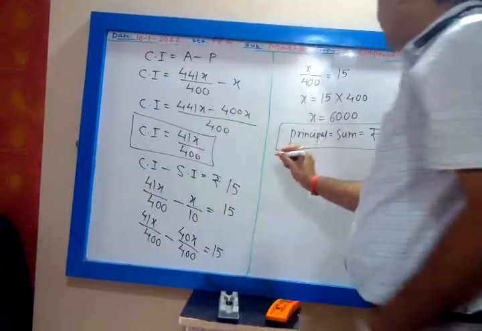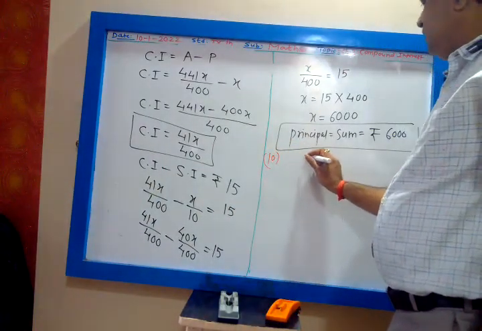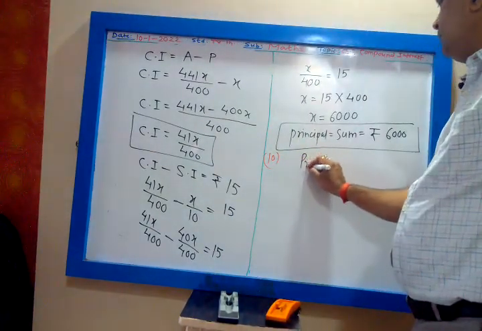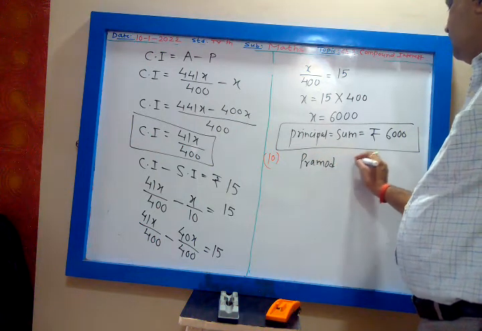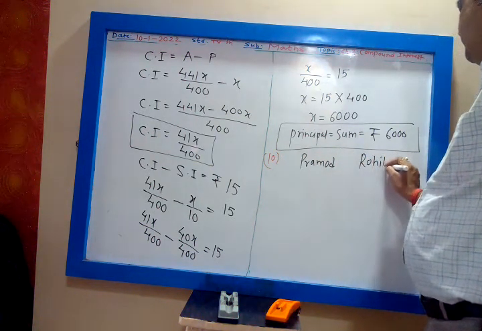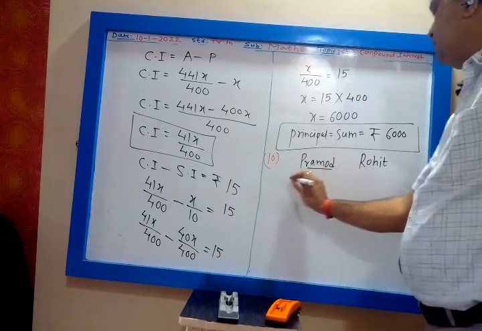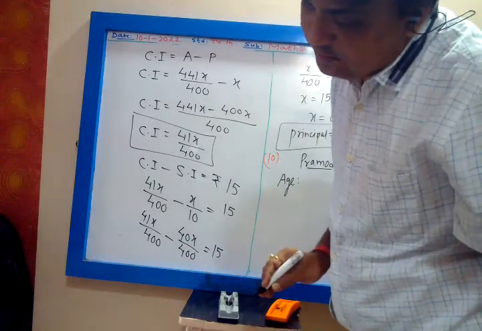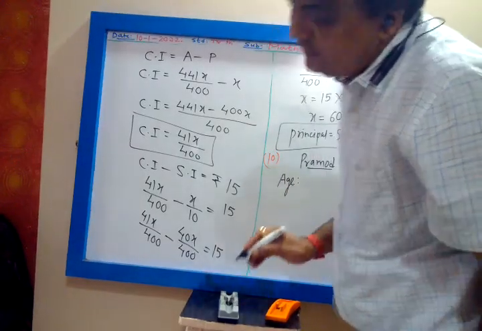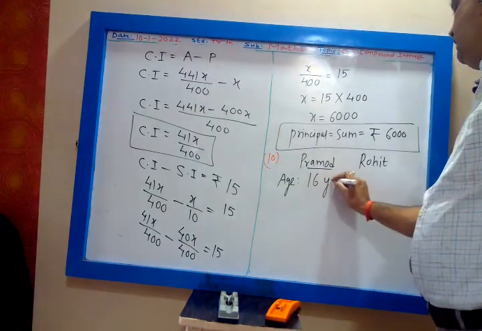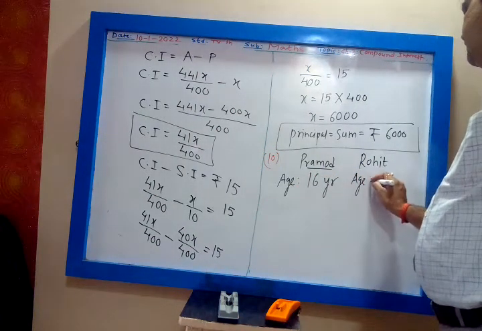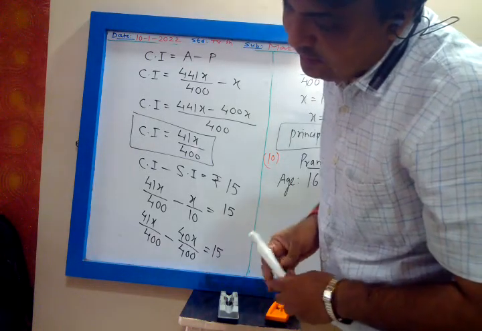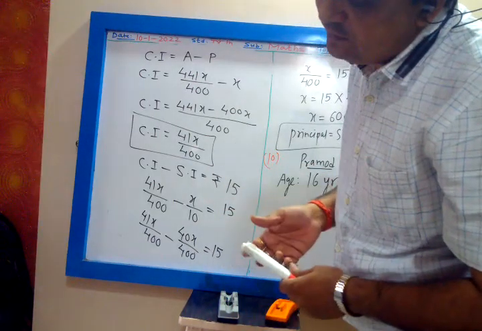The age of Pramod is 16 years, and the age of Rohit is 18 years. In what ratio must they invest money?